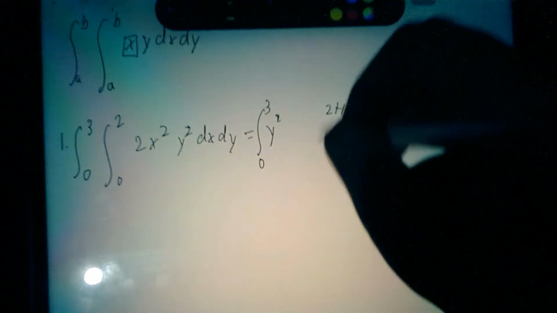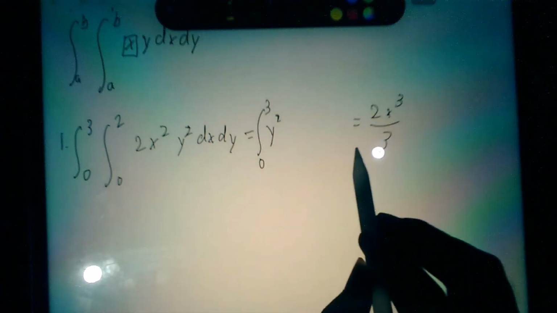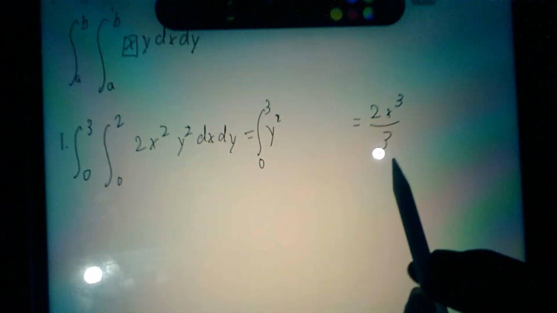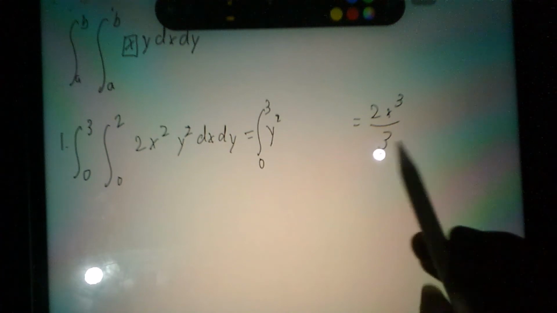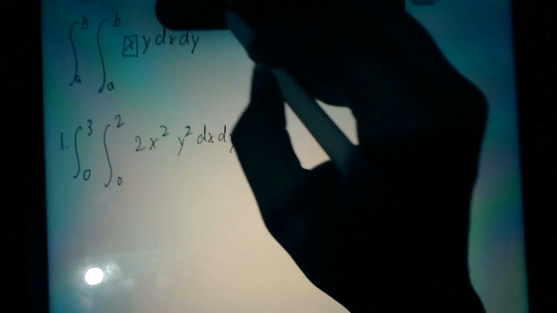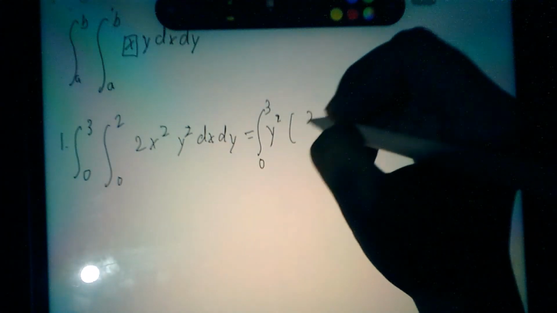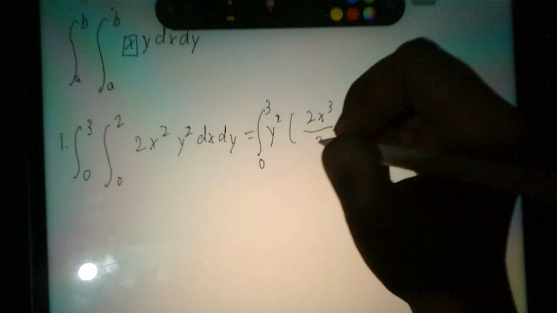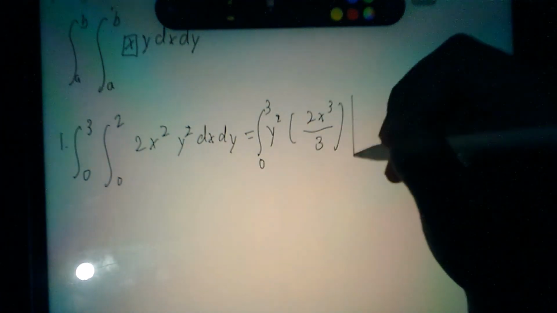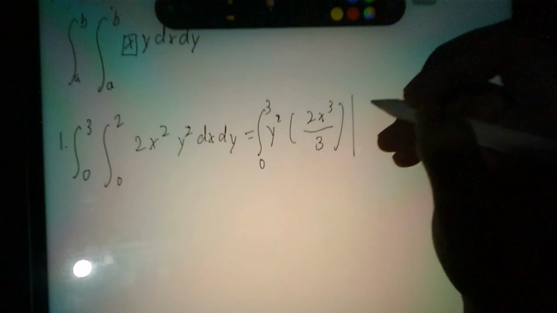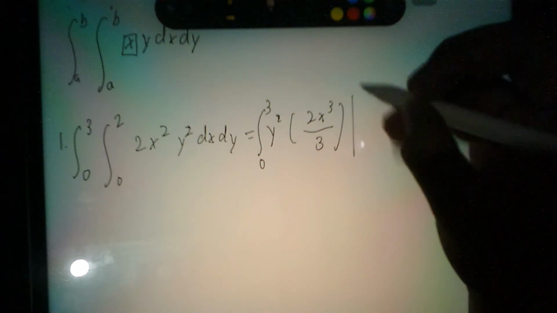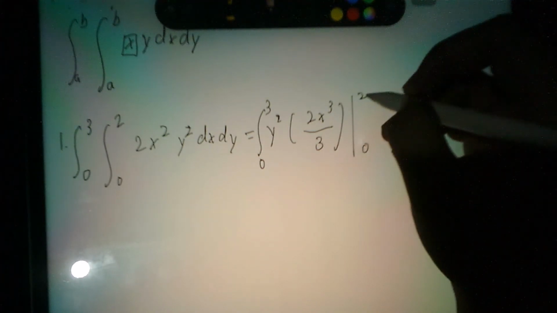So times 2x cubed over 3 from limits of our first integration, 0 to 2.